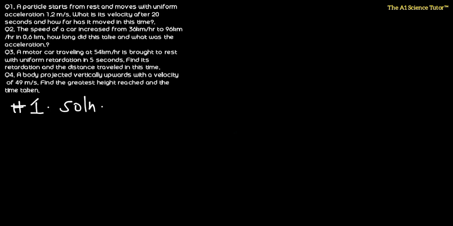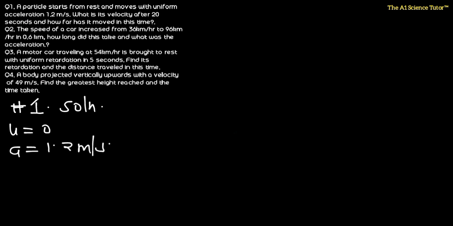Now let us bring out the parameters. We have that the particle started from rest. That means we need to have an initial velocity which will be 0, because the initial velocity is the beginning velocity, and we said that the particle started from rest. So at that time, the velocity was equal to 0 meter per second. They said it moves with uniform acceleration, and the uniform acceleration is 1.2 meter per second squared.